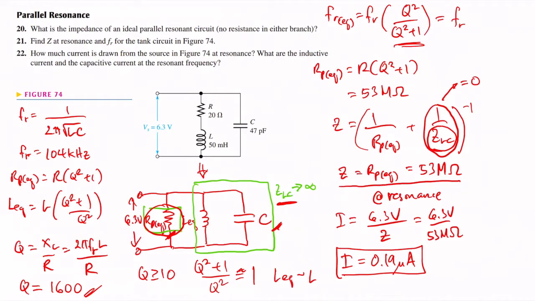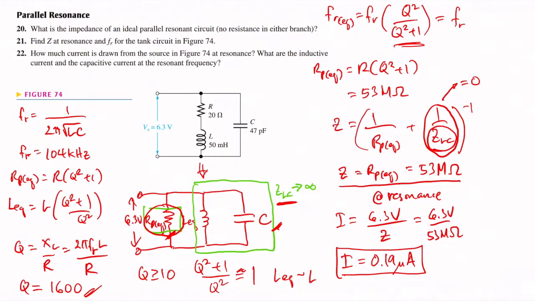And even though there's an exchange in current between these two devices, none of the current is being drawn from the power source. They're really just exchanging energies, the capacitor charging and discharging while the inductor energizes and de-energizes.